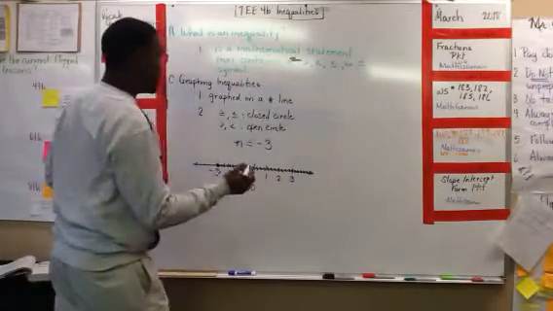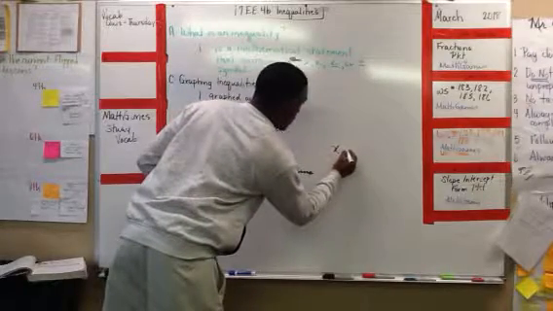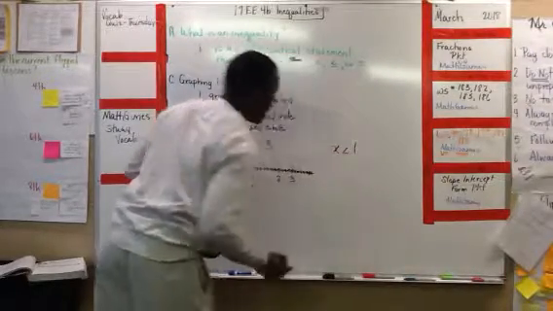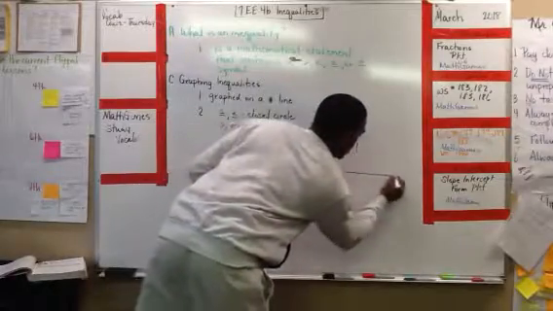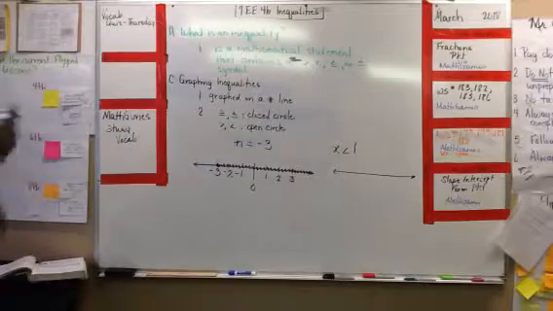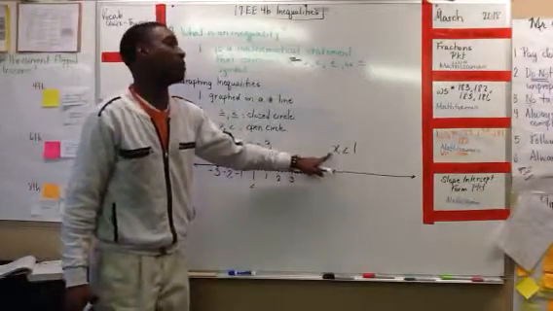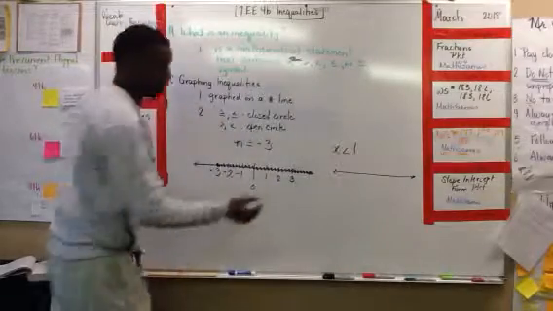If I give you x < 1, I know I must draw a number line. And lines have to have the arrows on them because they continue on and on forever. I know my solutions have to be less than 1.